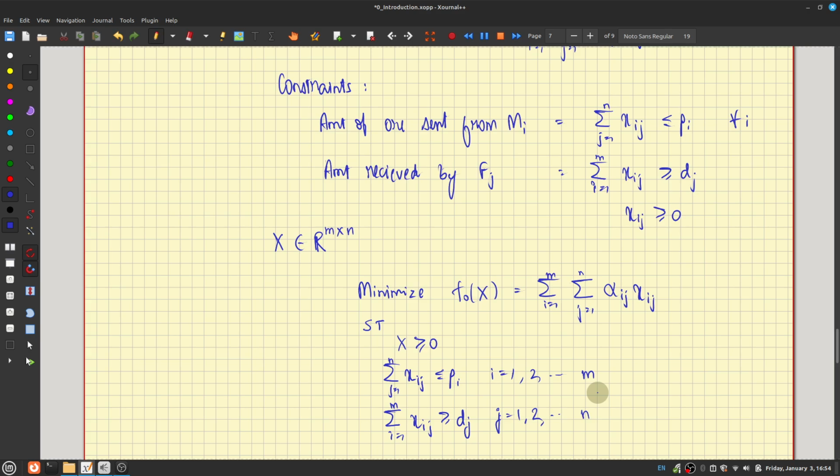So I had this problem of transportation, and I could formulate this as a simple looking optimization problem.